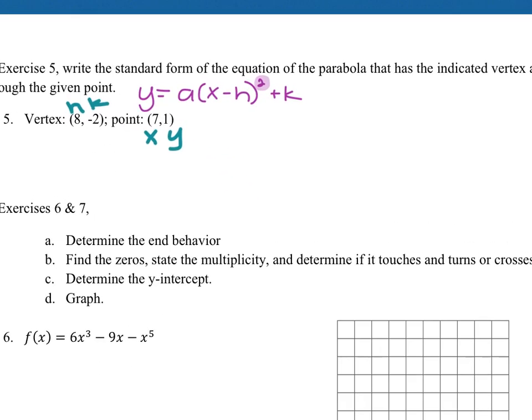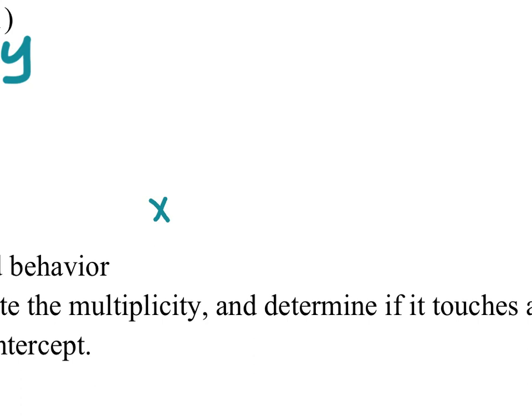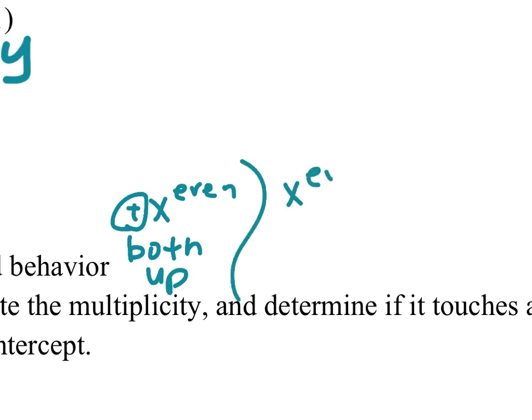So the end behavior, remember if x is raised to an even power, and it's positive, they both are pointing up. Both up. If x is raised to an even power and it's negative, both point down.